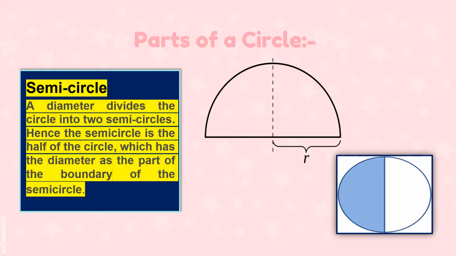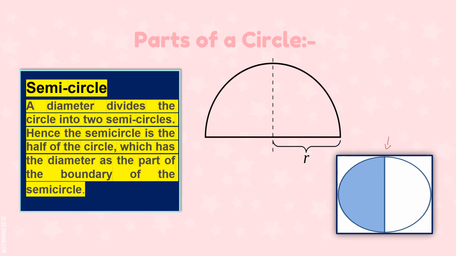In the end, I want you to learn one more thing, that is what is a semicircle. A diameter divides a circle into two semicircles. Now you already know what is a diameter. It's like I have a circle, I've taken it here for you, and in the circle here, can you see this line segment here is a diameter, and the diameter is what?